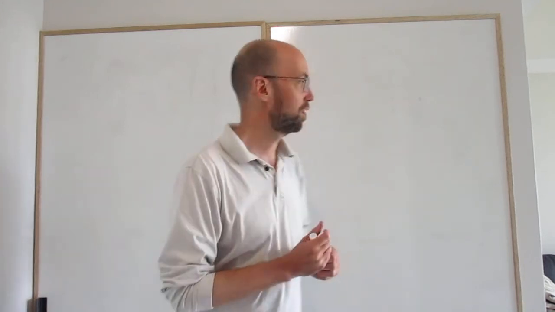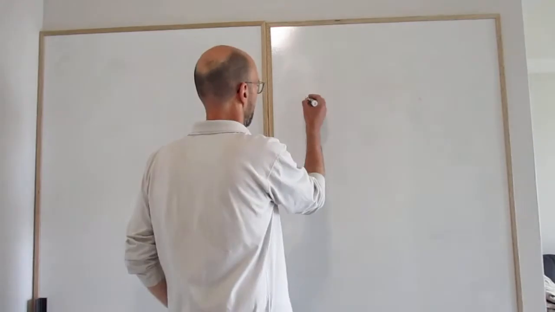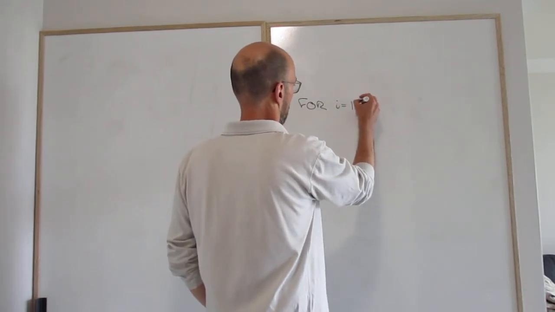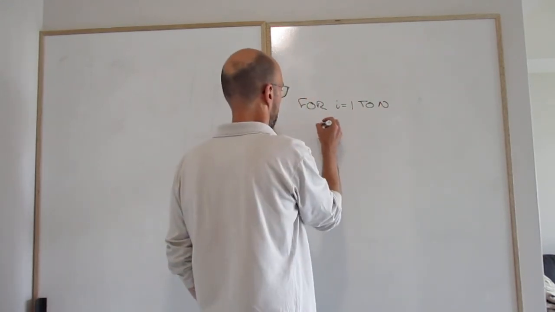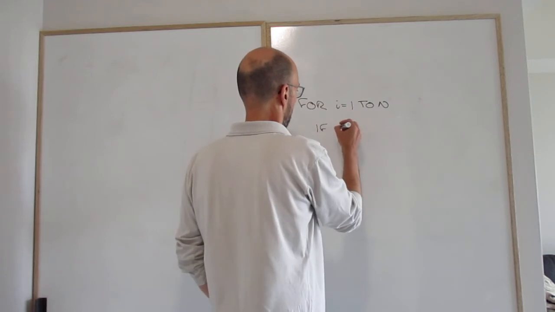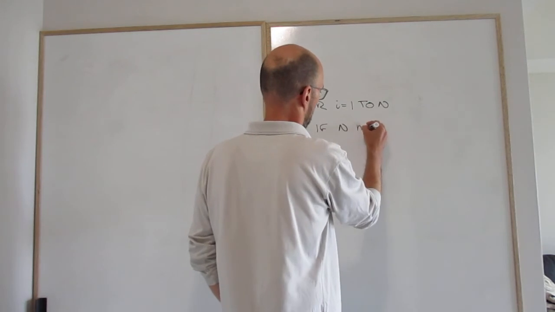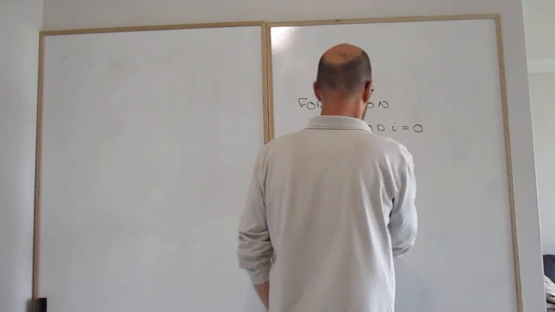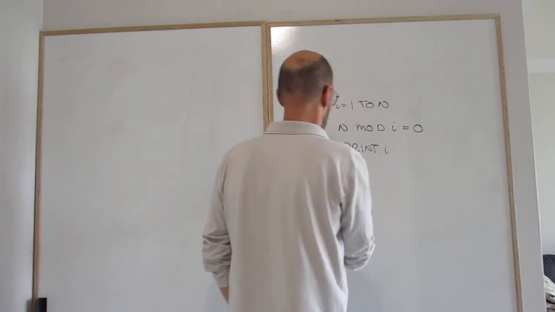Okay, to try to get back on track, I'm going to choose something. Yes, so it would be: for i equals 1 to n, if n mod i is 0, print i.